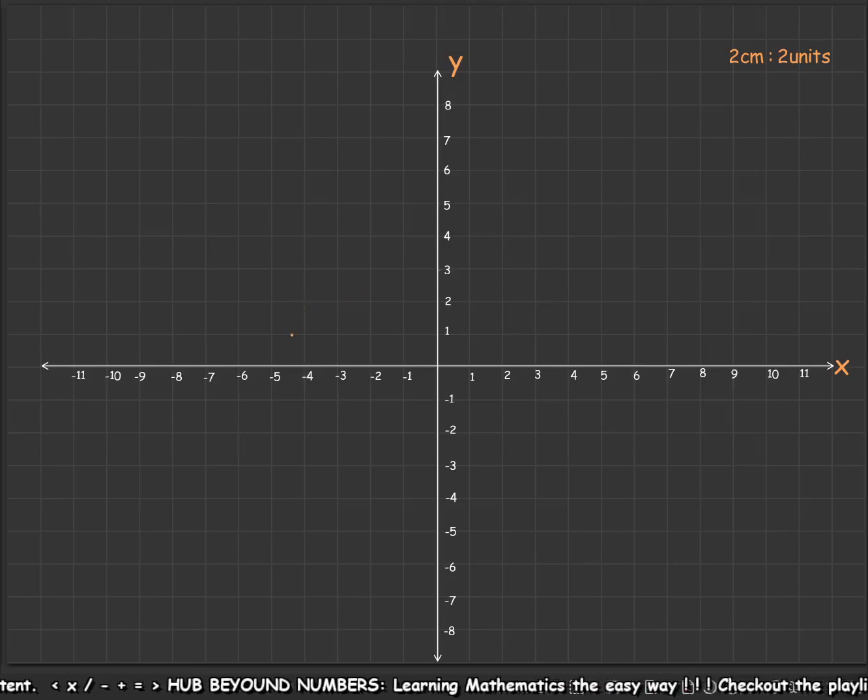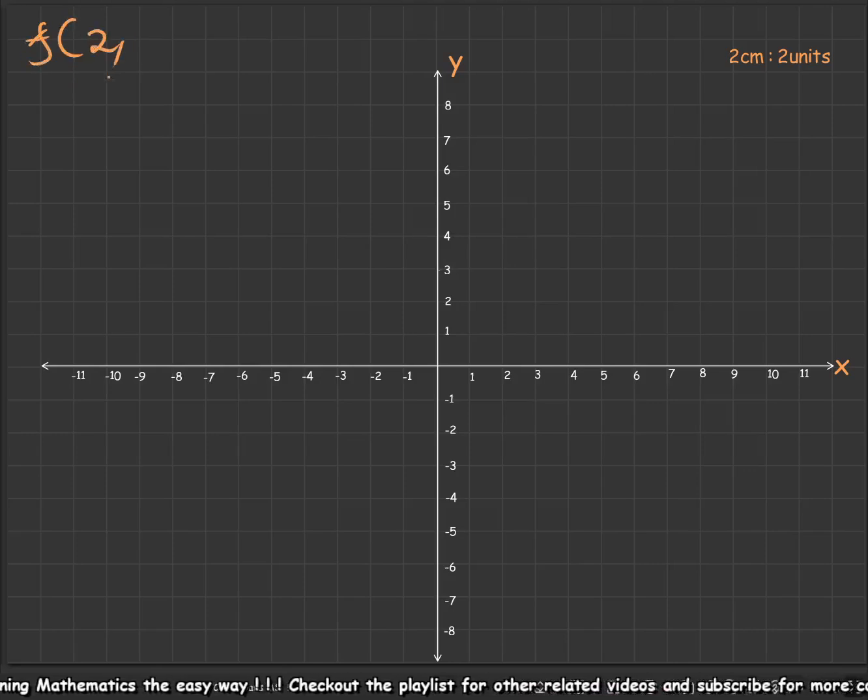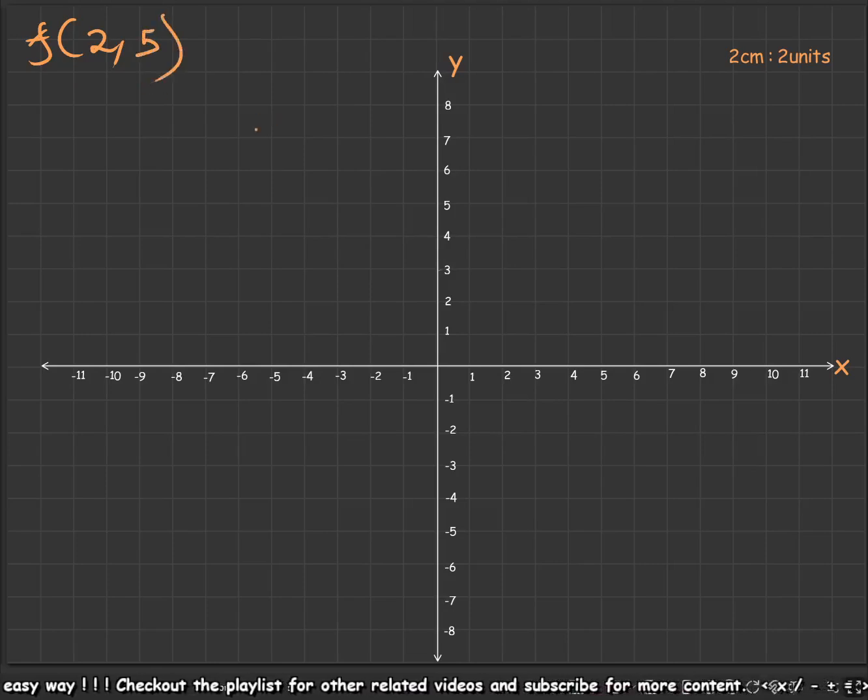So to see how this formula works, let's practice it on our graph sheet. So let's take a point A. The point A has coordinates (2, 5), and we want to reflect it over the y-axis. Now, as you can see here, my scale is 2 centimeters to 2 units.